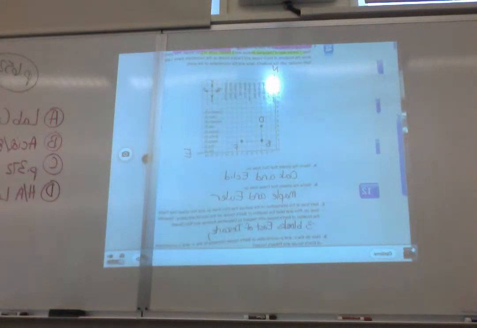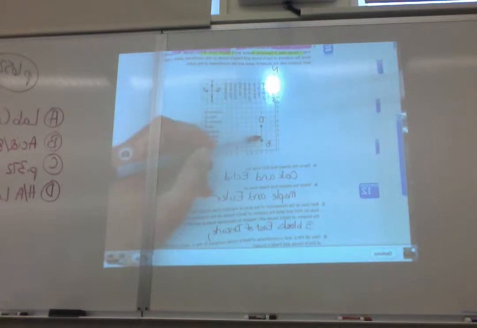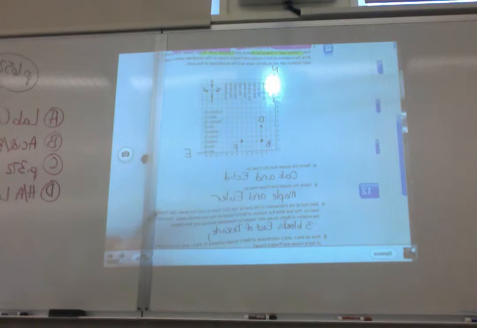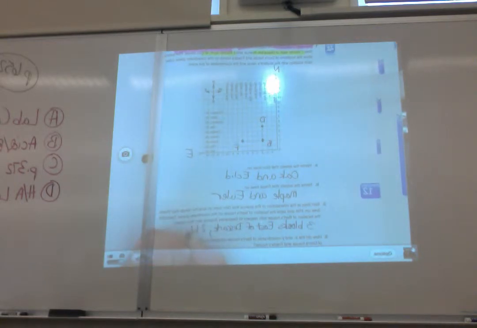And how far to the north are we off of Elm? 2 blocks north of Elm.